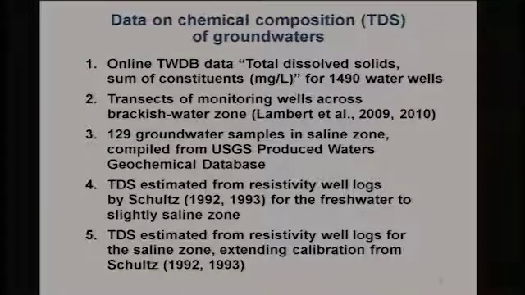As such, there was a series of transect monitoring wells installed across the Bad Water line, so we took advantage of that data. Third, we took 129 samples from oil and gas wells from the USGS Produced Waters database. We also incorporated the results from Schultz's study that I mentioned earlier, and then we took Schultz's methods and applied them to some of our own wells we found in the saline zone.